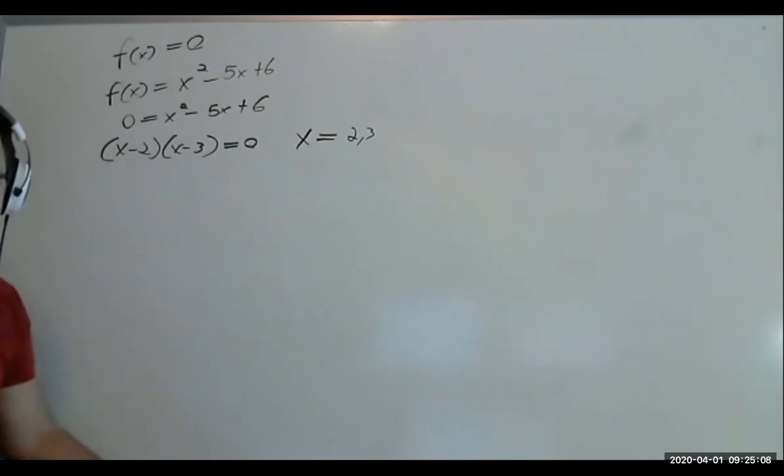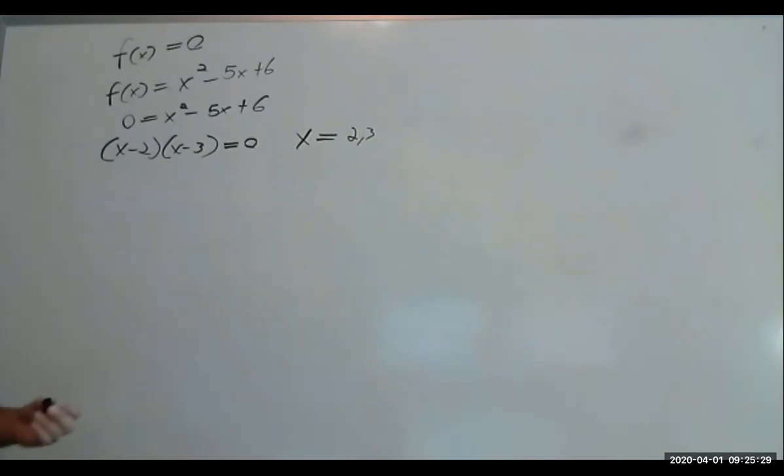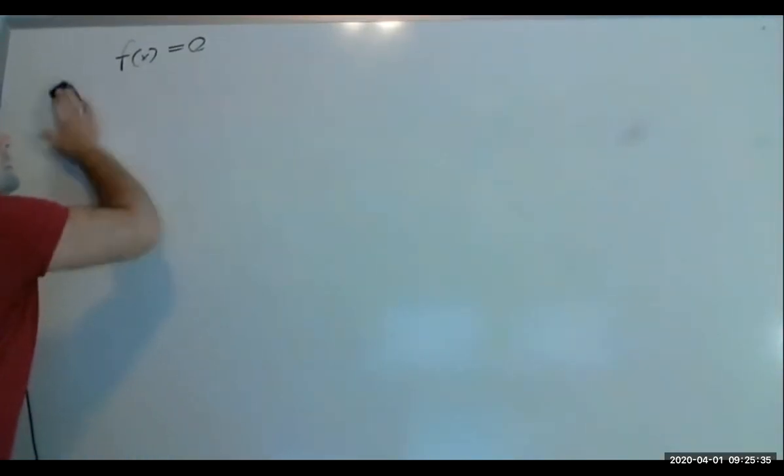So another common thing is setting two functions equal to each other. When you set two functions equal to each other, you just get one big equation. Let's do it.